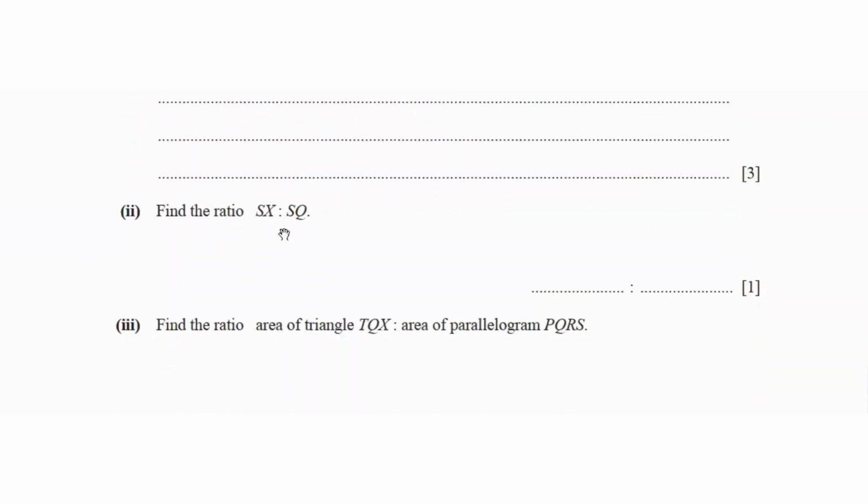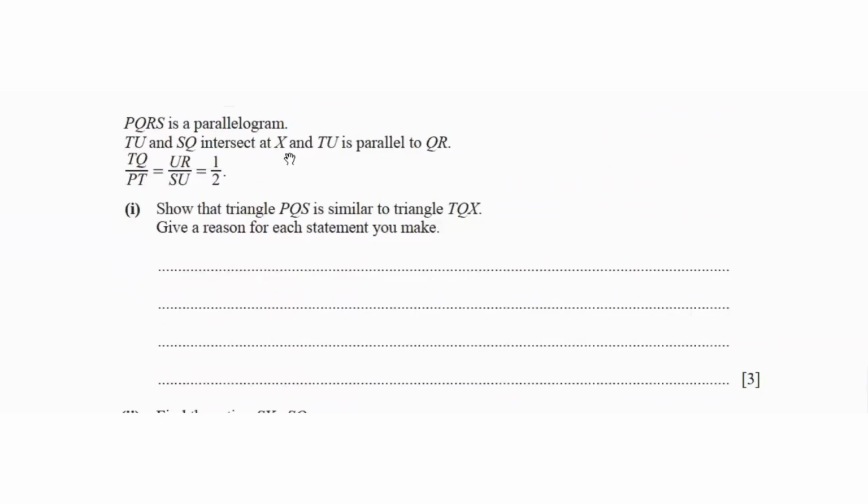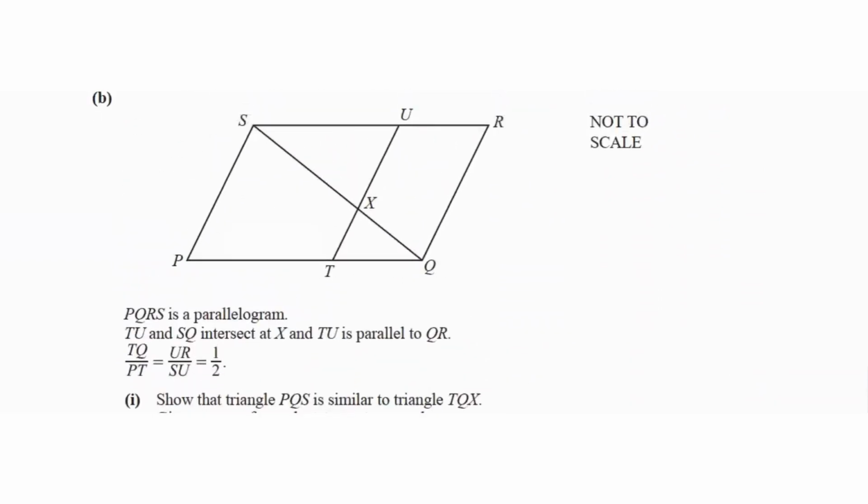Find the ratio SX is to SQ. So let's highlight these now, SX and SQ. We know that TQ over PT is basically 1 over 2. So TQ is 1 and PT they're saying is 2.